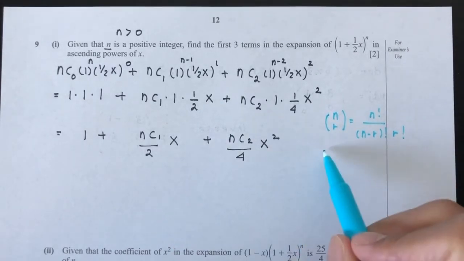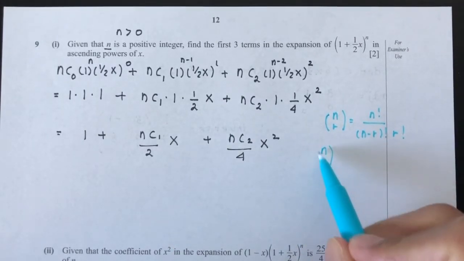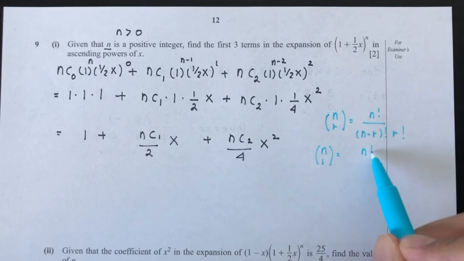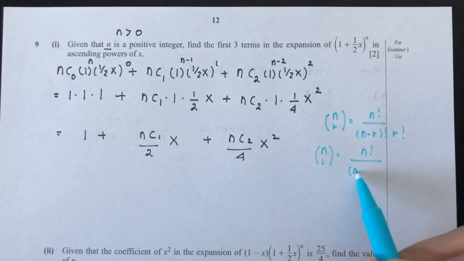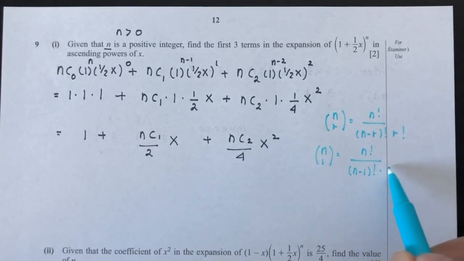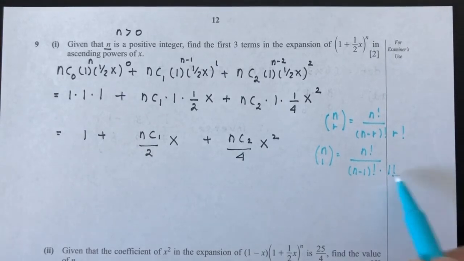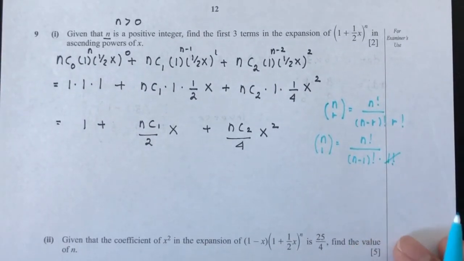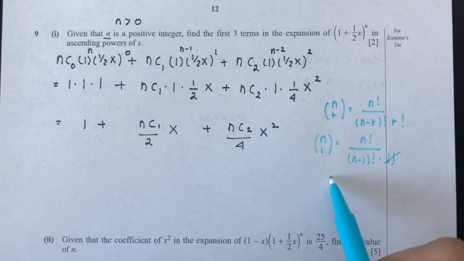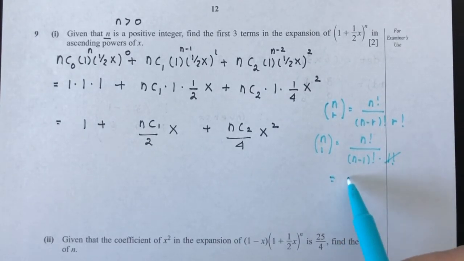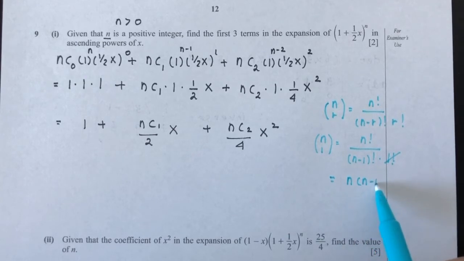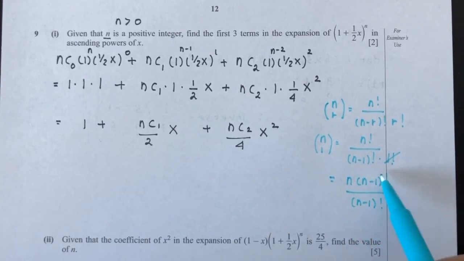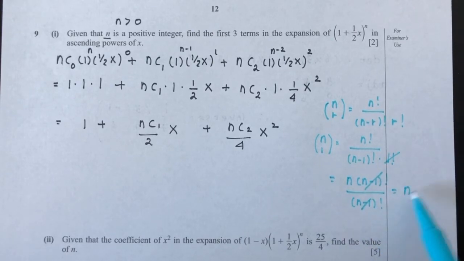So here we have n choose 1. That will be n factorial over n minus 1 factorial times 1 factorial. Now 1 factorial is just 1, we don't need that, but this can be simplified to something else. So n factorial is what it is, n times n minus 1 factorial. So over n minus 1 factorial, cancel out, so that will be n. So basically n choose 1 is n.